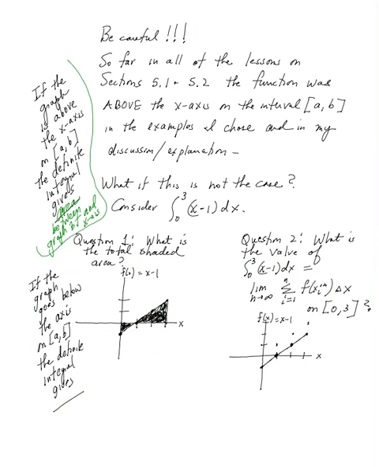So in all the examples we've looked at, the function so far has been above the x-axis on the interval a to b. And the definite integral just gives us the area between the graph of y equals f of x, the x-axis, and the vertical lines a and b.